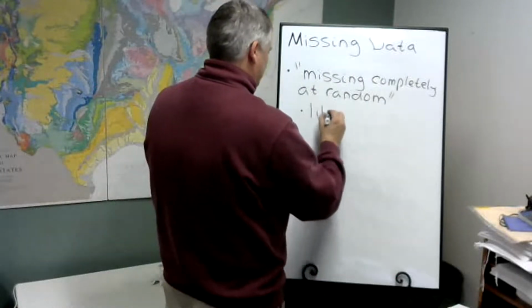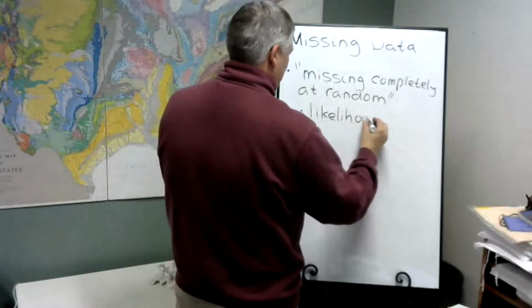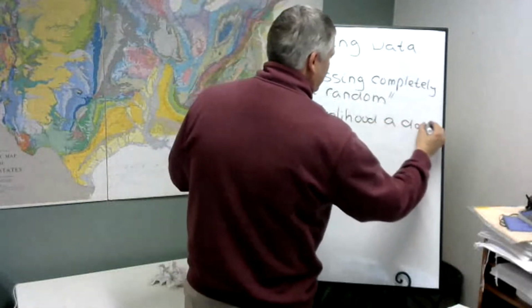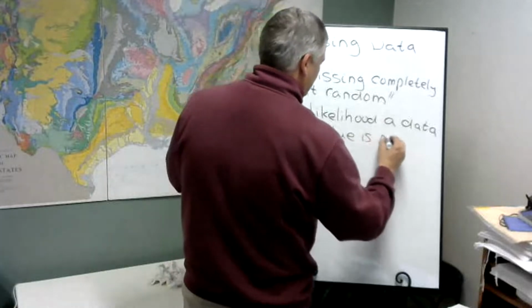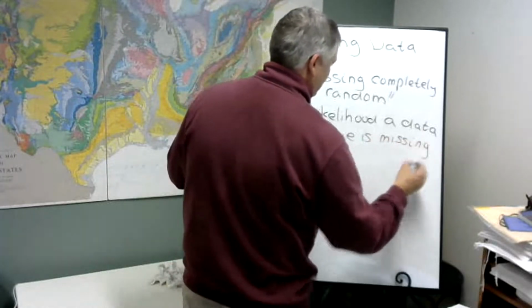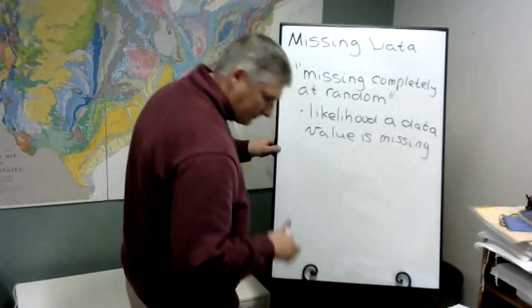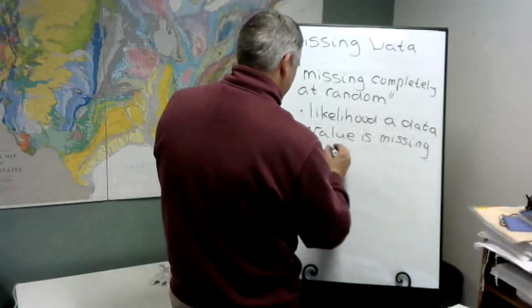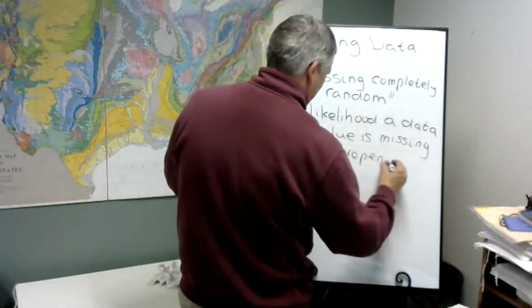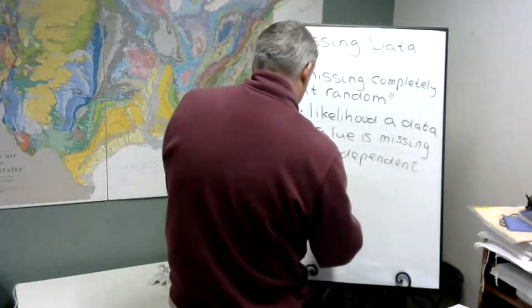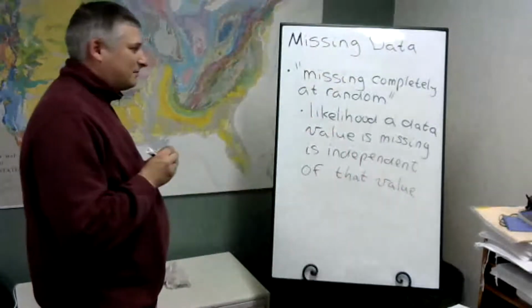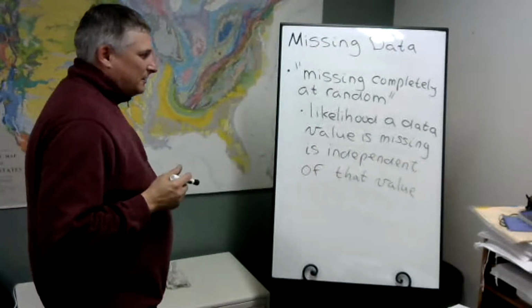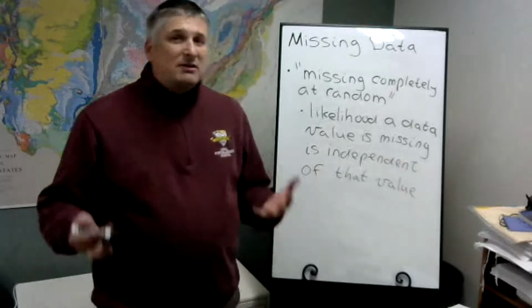In other words, the likelihood a data value is missing is independent of that value. So the likelihood a data value is missing is independent of that value.